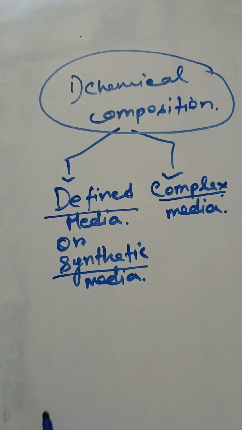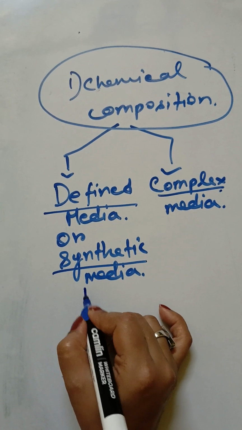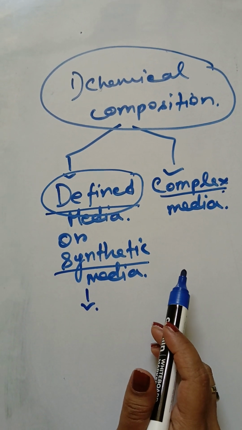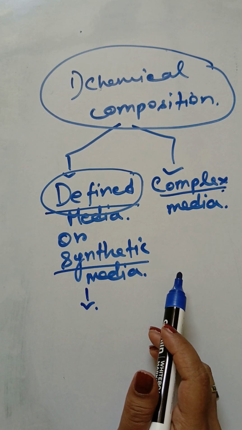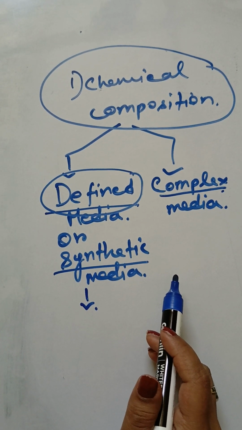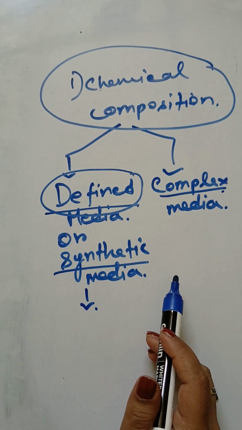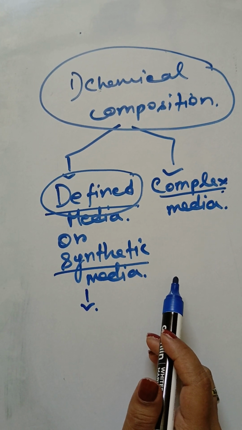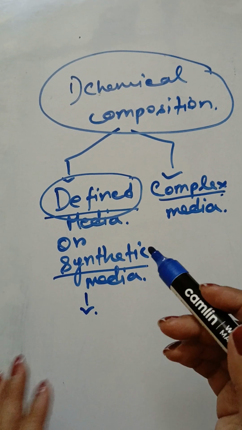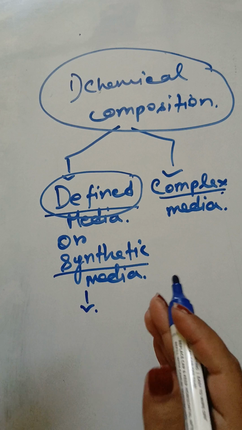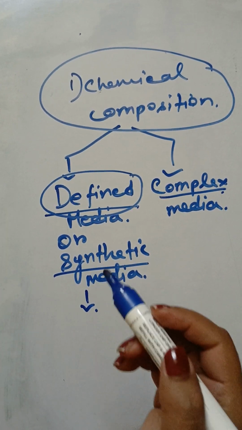Now, in case of defined media, defined means which can be defined, or about which everything is known. We have all the knowledge about everything of that particular object. That is the definition: when you define something and know it really well, that is known as defined media.